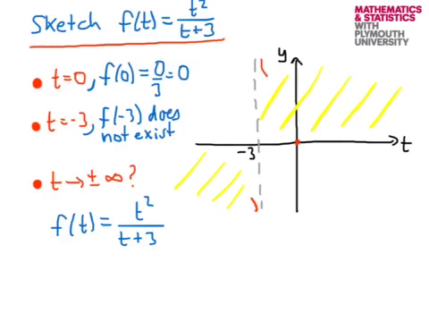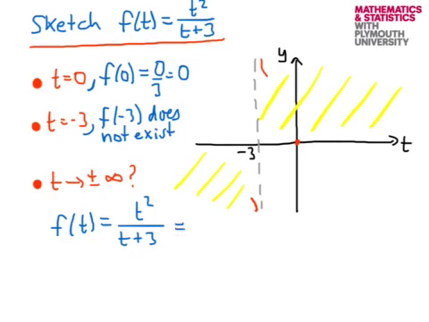What we do is we look at the largest power in the numerator and the largest power in the denominator, and we take the smaller of those two largest powers. In this case, it's t to the 1. And we divide the whole of the top and the whole of the bottom by that power.